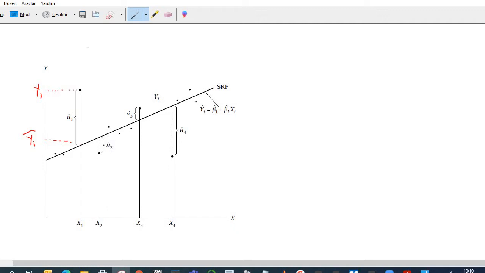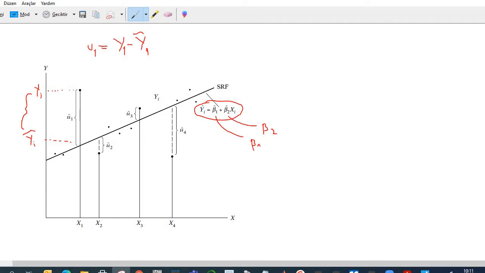So this is ui1 or ui. ui is equal to y1 minus y hat 1. So this difference is the residual term. So for the second one, for the third one, for the fourth one, we obtain this deterministic part of the sample regression function. So these are all estimating beta 1 and beta 2 of the population parameters.